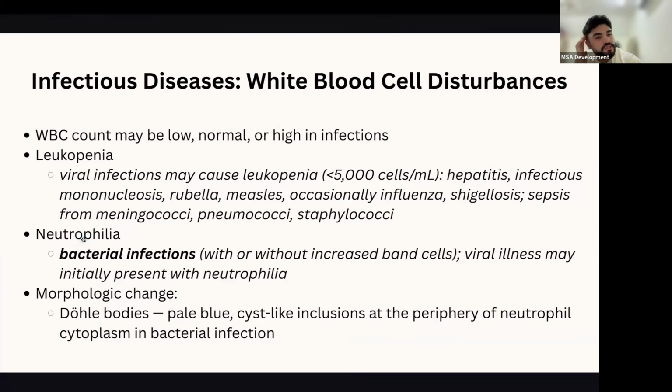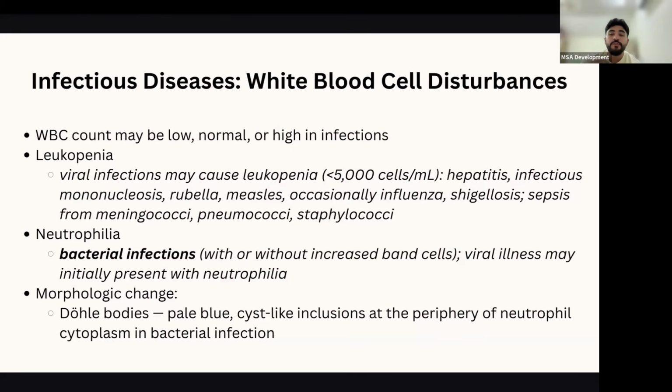So if you see neutrophilia, keep in mind that usually they're trying to tell you that it is a bacterial infection. Leukopenia, you'll see usually in all diseases, all right? But most likely it's going to be seen in viral infections. Hepatitis, infectious mononucleosis, rubella, measles, shigellosis, pneumococci, meningococci, staphylococci, all of these would cause leukopenia.